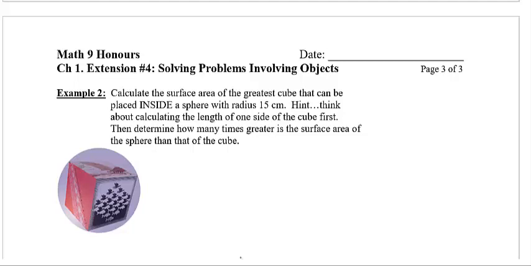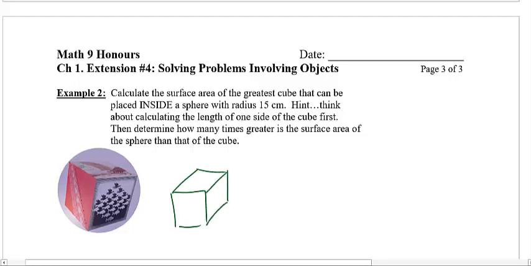Well, I'm hoping you could visualize what the diagonal of the cube will be. Remember, the cube is like this. There's a base diagonal, right? There is also a diagonal that goes from one corner to the other like this.